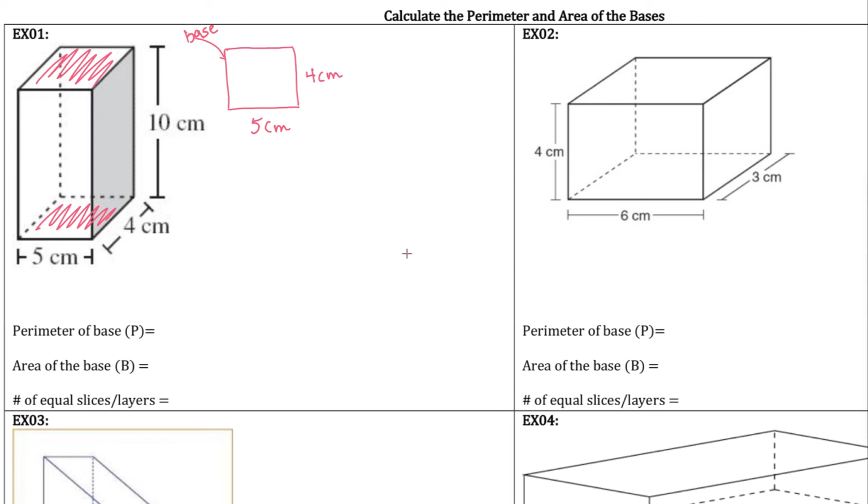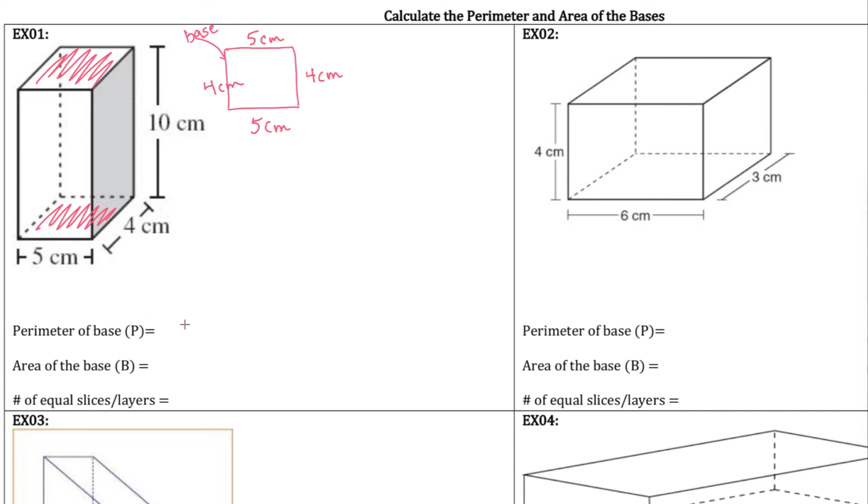So the perimeter of the base is the distance around the base. This is P. So 4 centimeters, the distance around is 4, oh, that's not 4 centimeters. That's 5 centimeters. That's 4 centimeters.